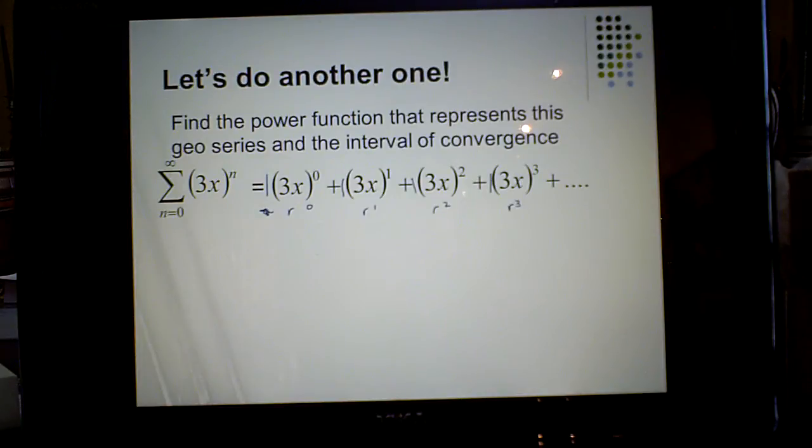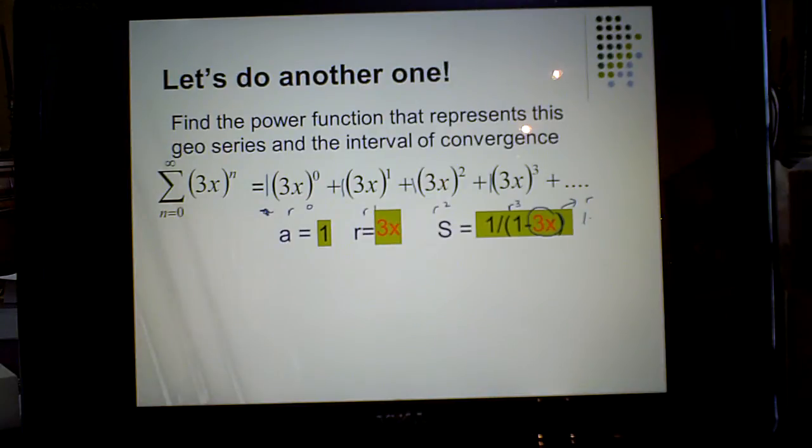This is my geometric series, but what is r? My first term, when you put in 0, is 1. My r is 3x, so what is the infinite sum? The formula doesn't change. 1 divided by 1 minus, but this time my r is 3x.